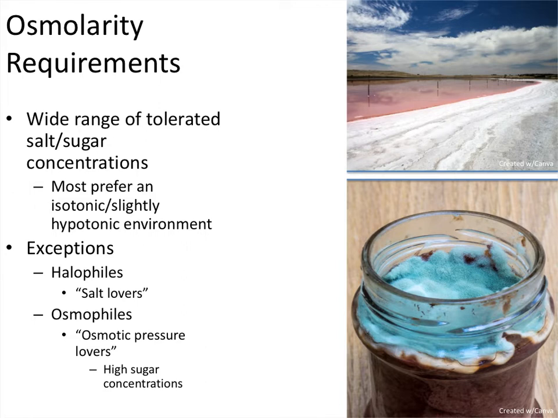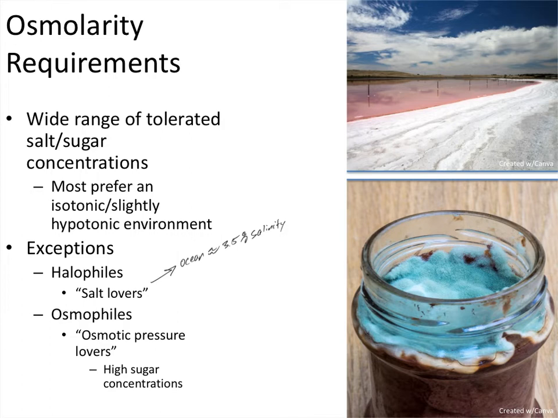But basically, we will just say that true halophiles require salt concentrations that are even higher than the ocean. So the ocean is approximately 3.5% salinity. That can vary depending on where exactly in the ocean you're talking about or what other conditions are going on.